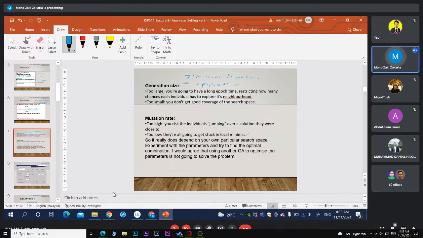So that's why I say we need to do trial and error to get the best parameter value for each problem. It really does depend on your own particular search space. Experiment with the parameters and try to find the optimal combination. So I would agree that using another GA to optimize the parameters is not going to solve the problem.